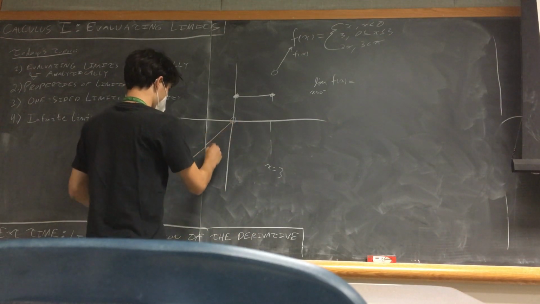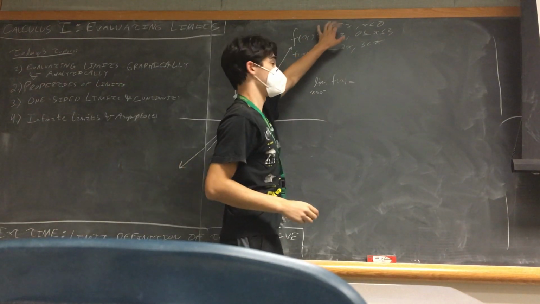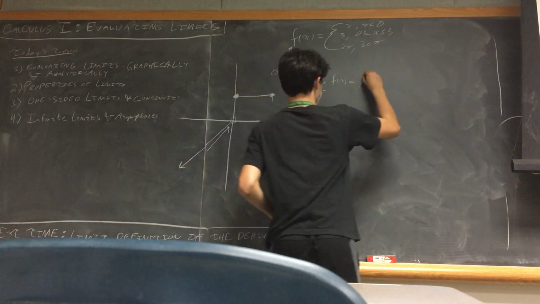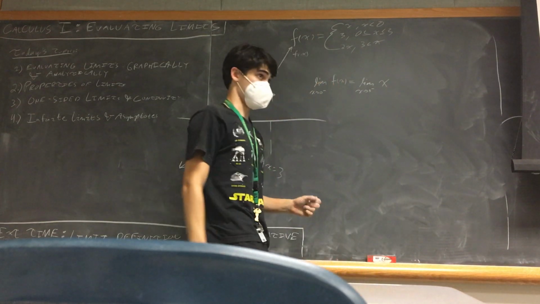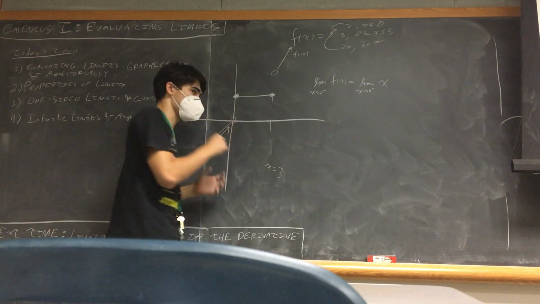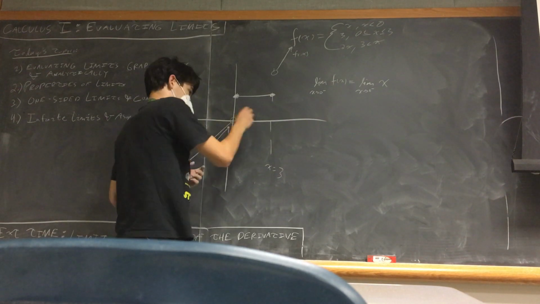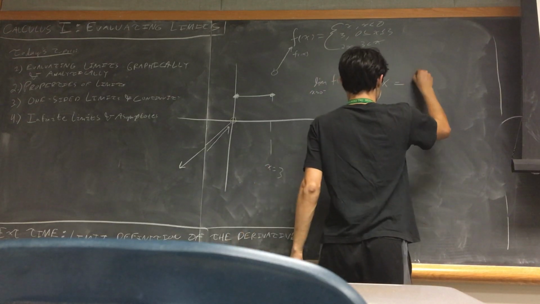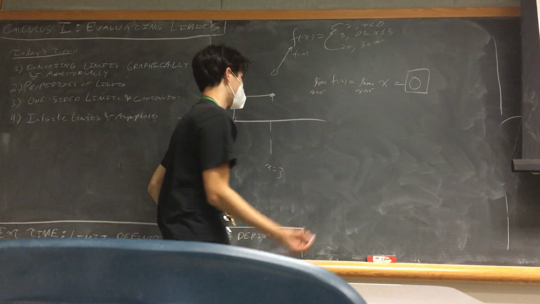From the left, as it approaches 0, we're looking at the behavior of this part of the graph, f of x equals x. x is getting closer and closer to 0, and f of x is getting closer and closer to 0. So we say that the limit from the left of f of x is equal to 0.